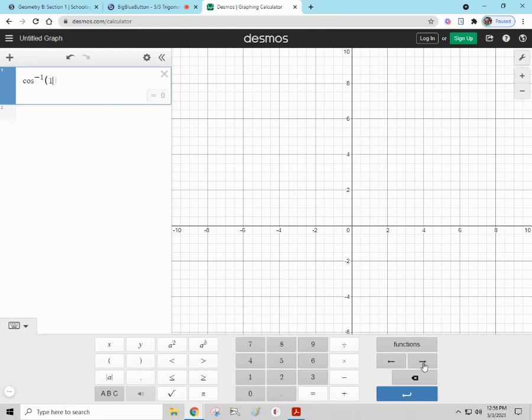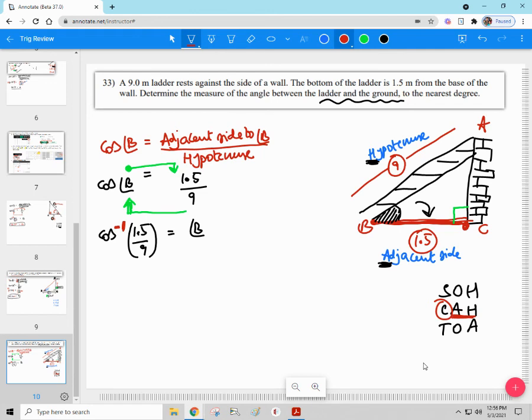So 1.5 over 9, then I see that it is 80.40. Therefore, angle B equals 80.40 degrees. So the 0 is not important. So that's the angle between the ladder and the ground.